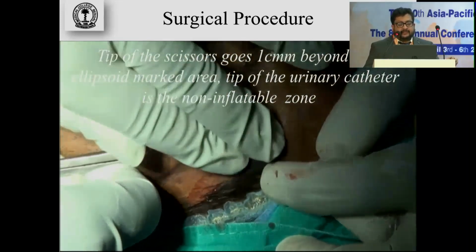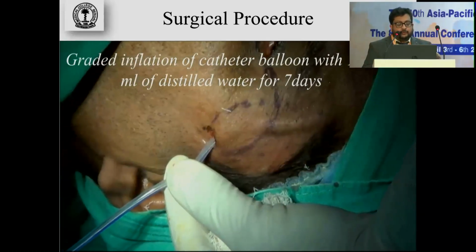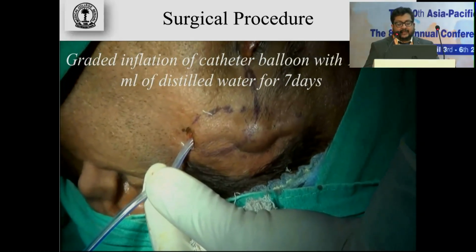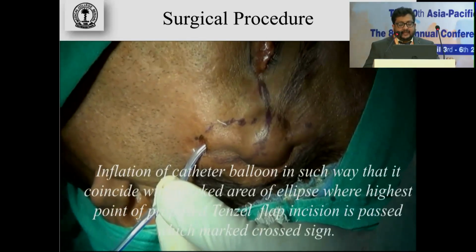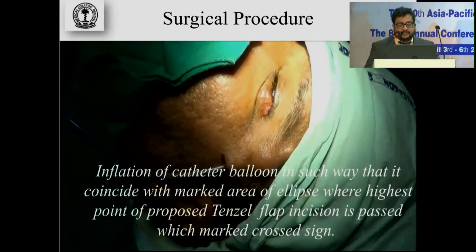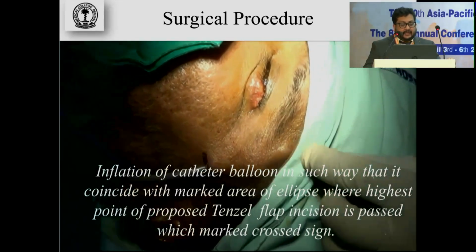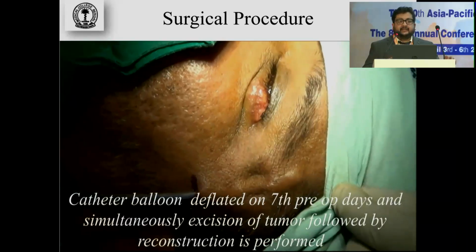So here you can see that the area we want to be expanded, we have to go at least 1 to 2 millimeter above the area. The tip of the catheter should reach there, and there will be slow dilatation of the catheter. Now the problem is how long shall we keep the catheter in place?